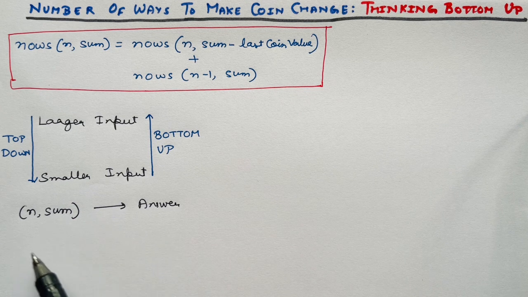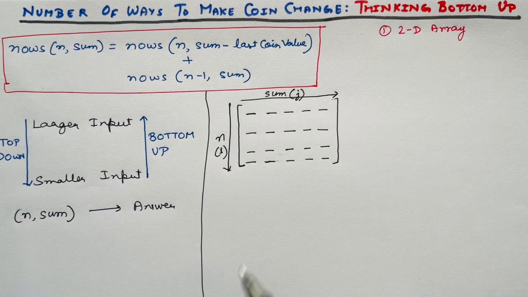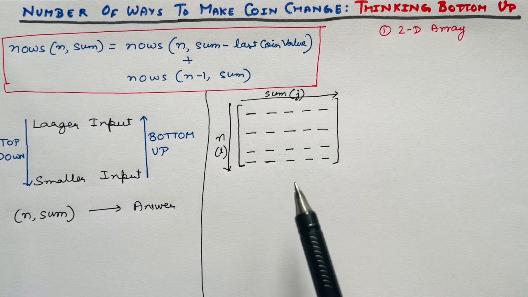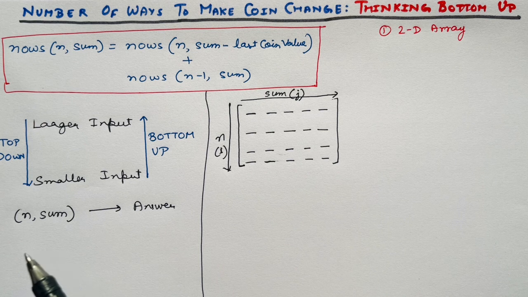And with storage of this information, we have one more requirement, that we should be able to easily iterate from smaller input to larger input, like from smaller combination of n comma sum to larger combination of n comma sum. So that means we can use a two-dimensional array here. So this can be our 2D matrix that basically holds the answers for combination of n comma sum.